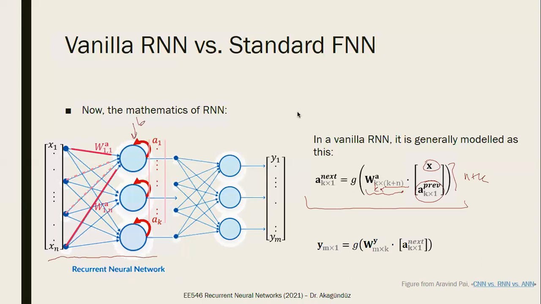To calculate the first a, I need an a0, right? Traditionally, not necessarily, this first a is a vector of k values of zeros, guys. This vector being zeros is very important because, in practice, when we cover more complex RNN architectures, you're going to see that this vector is always zero. And it makes sense, actually.